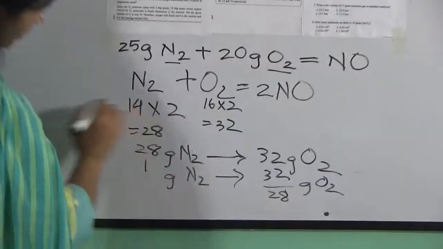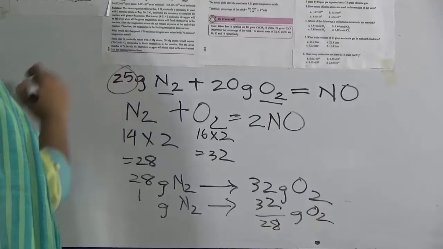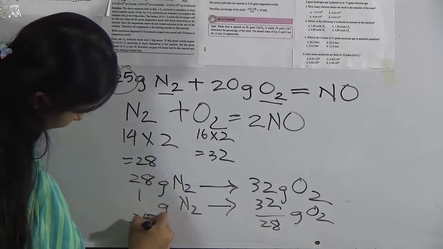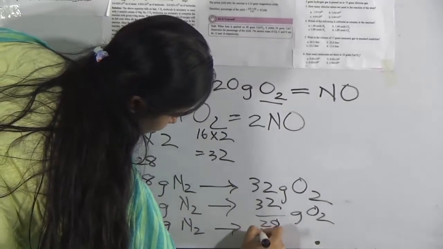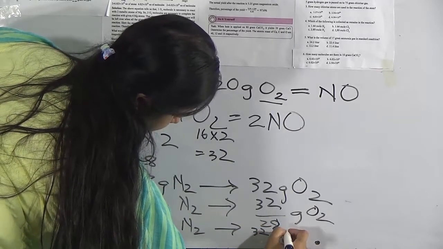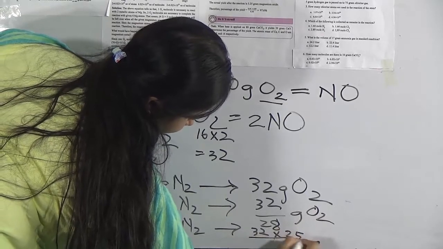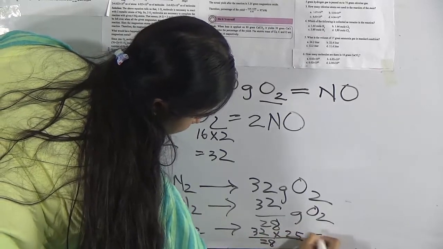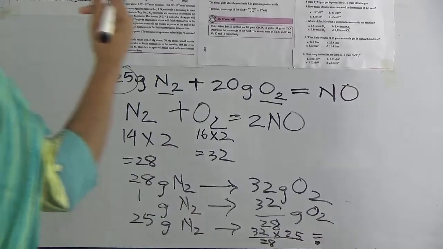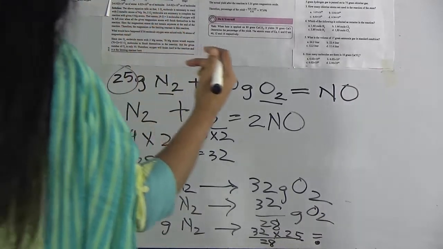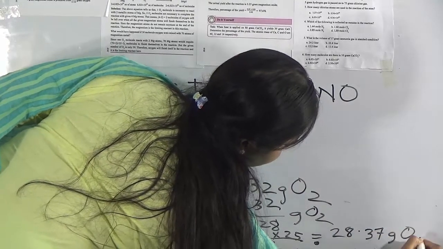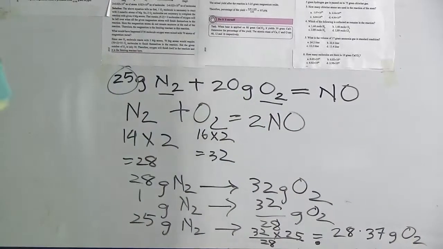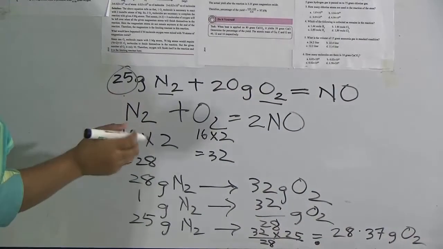Next, here 25 gram is given. 25 gram nitrogen reacts with 32 multiplied by 25 divided by 28. If you calculate, the result will be 28.37 gram oxygen.